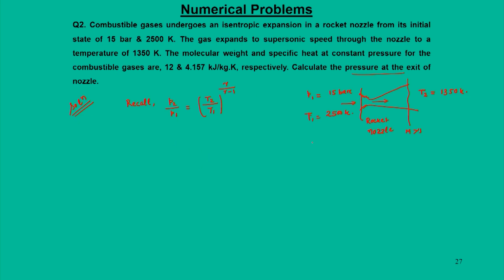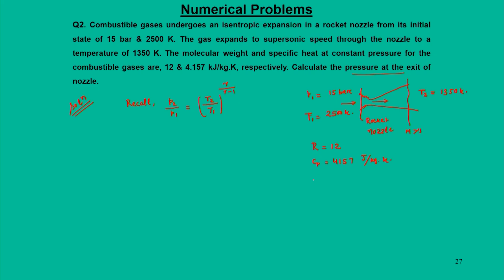To find the gamma, what information we have been given, that is molecular weight is 12 and Cp is 4157 joule per kg Kelvin.